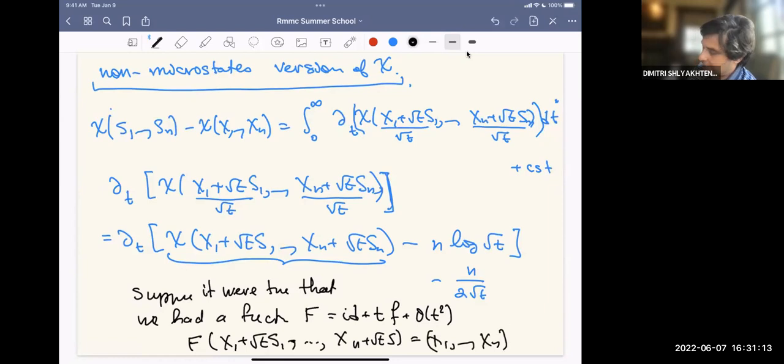So it's a function of n variables with values in n variables, and suppose this function depends on t, and it would have this magic property that if you evaluate it on these perturbed variables, then what I would get is this, in law. So same law. So I would be able to change the law of one of these things to the other.